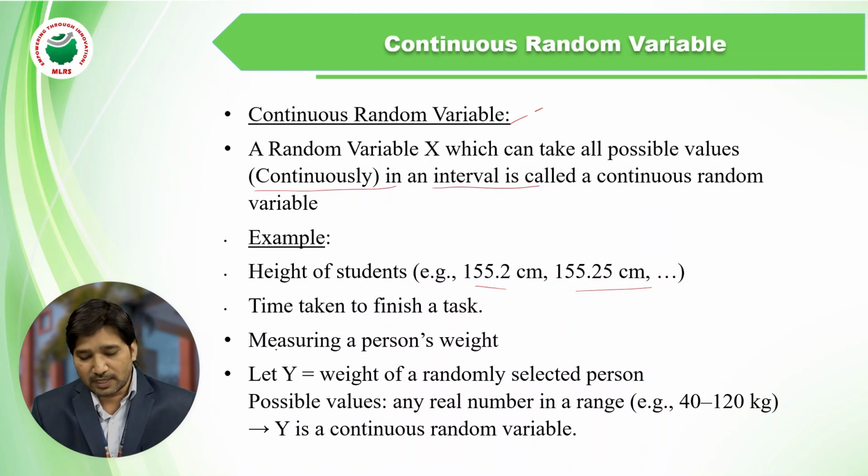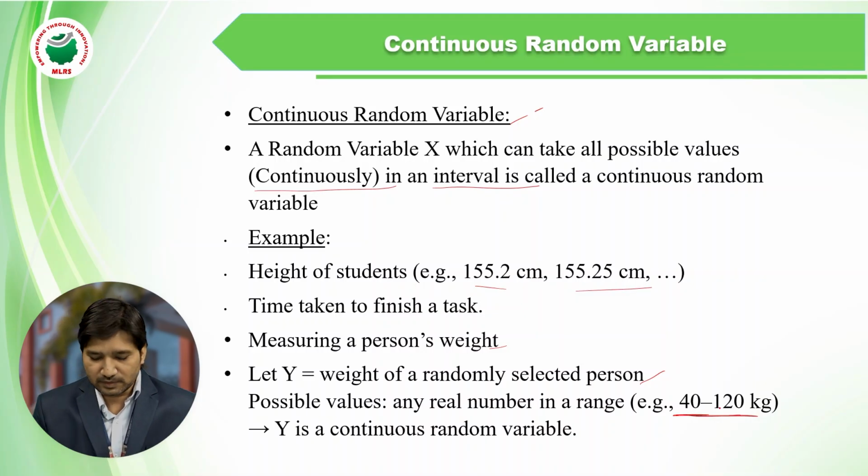Another example is measuring a person's weight. Let Y equal the weight of a randomly selected person. Generally, the weight of persons lies between 40 and 120 kg. The lowest value is 40 and the maximum value is 120 kg, so the persons' weights are between these two numbers.